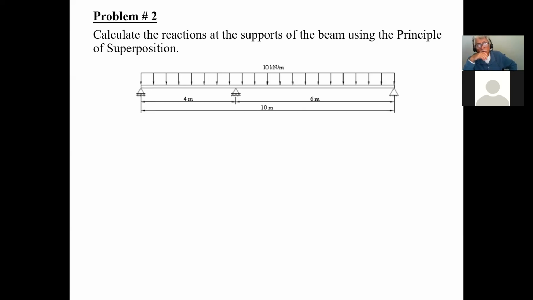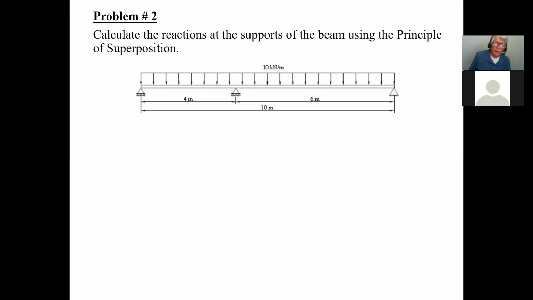Now here, what's nice about the principle of superposition is that I can take something that is statically indeterminate, such as this continuous beam here, and with the formulas that I have, I can actually solve and analyze this beam.